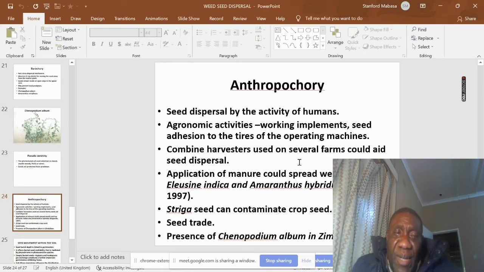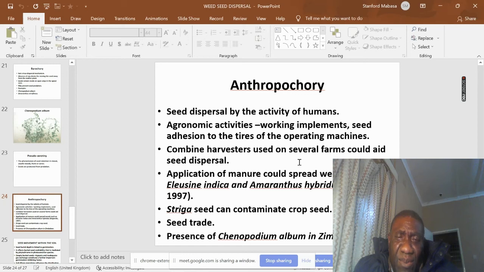Now, anthropochory could be the major dispersal mechanism where human activities are involved. So, seed dispersal is caused by human activities. We have agronomic activities such as working implements, seed adhesion to the tires of the operating machines, and combine harvesters used on several farms could aid seed dispersal.